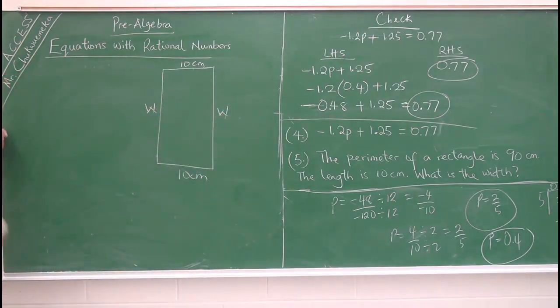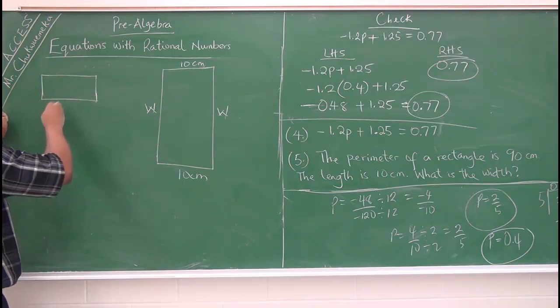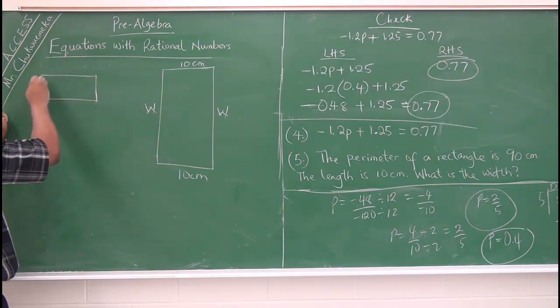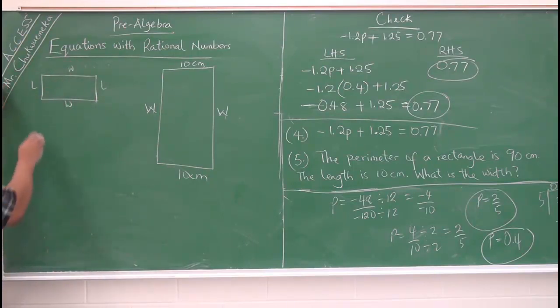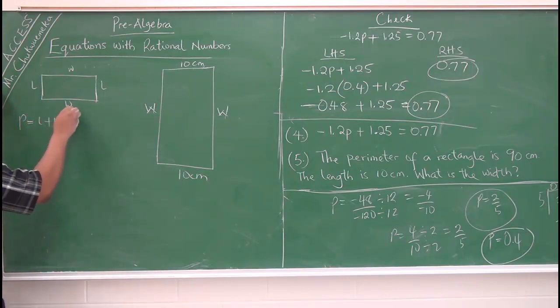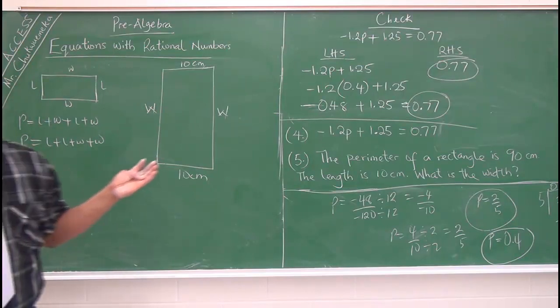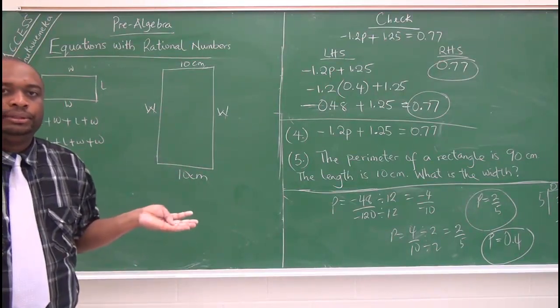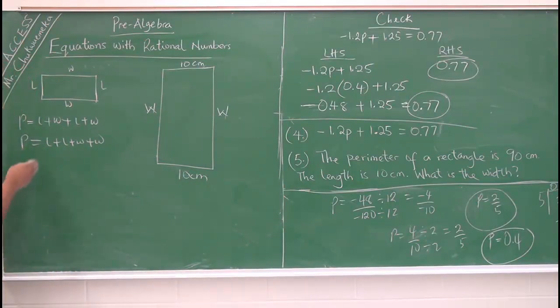Now, with the formula for the perimeter of a rectangle, it could be this or this, it doesn't matter. Assuming you have the length and width, the perimeter will be length plus width plus length plus width. The perimeter means the entire distance round the rectangle or the shape or the figure.